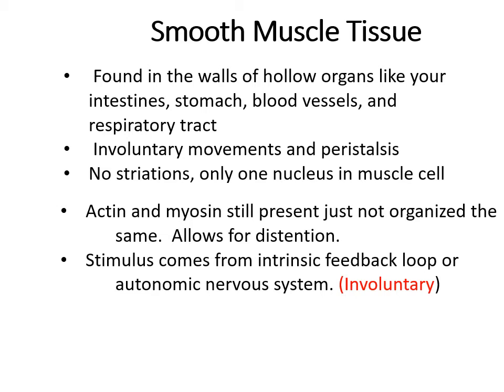The respiratory tract, all those bronchial tubes, they have smooth muscle around them to constrict a bit or to dilate. Constrict meaning getting more narrow bronchial tubes, and dilate getting wider bronchial tubes.